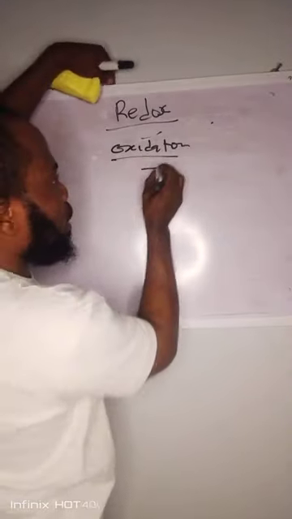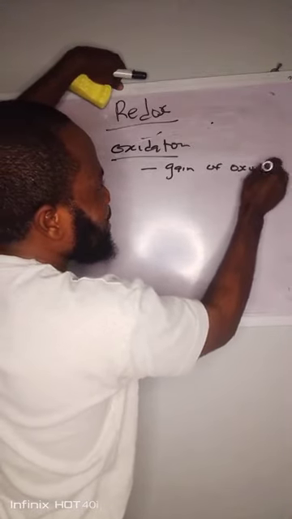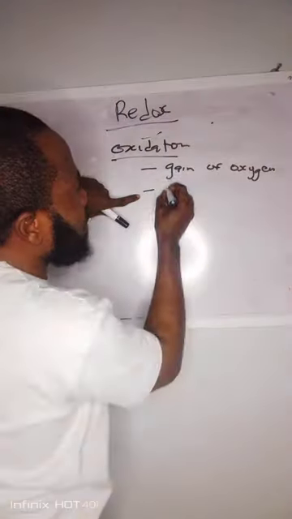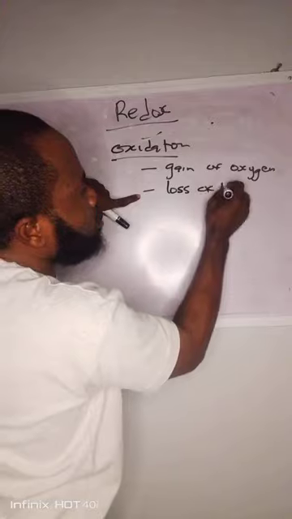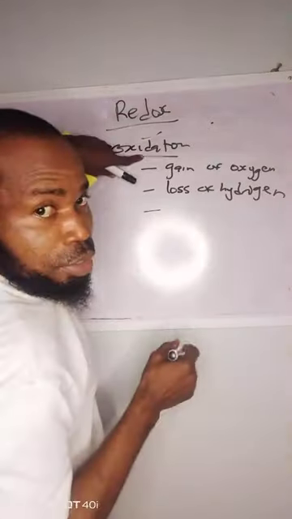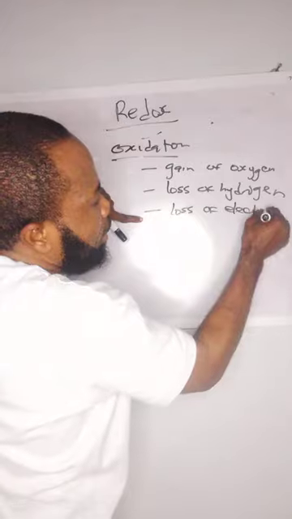Oxidation simply means, number one, when there's a gain of what? Of oxygen. Yeah. When there's a gain of oxygen. And of course, oxidation is also the loss of hydrogen. And oxidation is also regarded as loss of what? Of electrons.